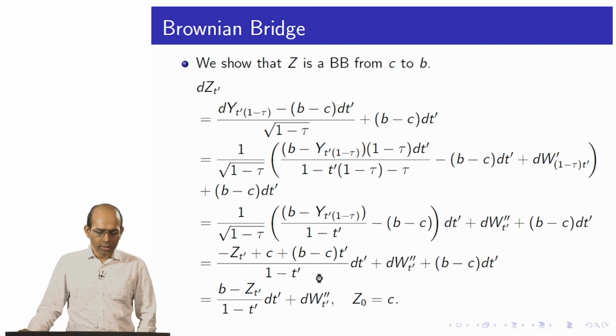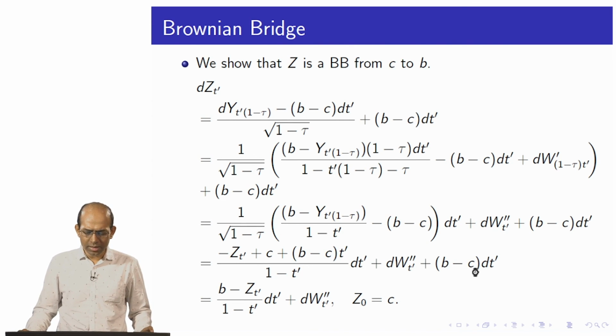Okay. Now, here it is just a matter of manipulation, because here we have b minus c dt prime, and if I put it together, we take dt prime common, then I would get b minus c into 1 minus t prime from there also. So, with the plus sign here, b minus c into 1 minus t prime, but the minus sign is there. So, minus t prime into this thing would cancel with this.